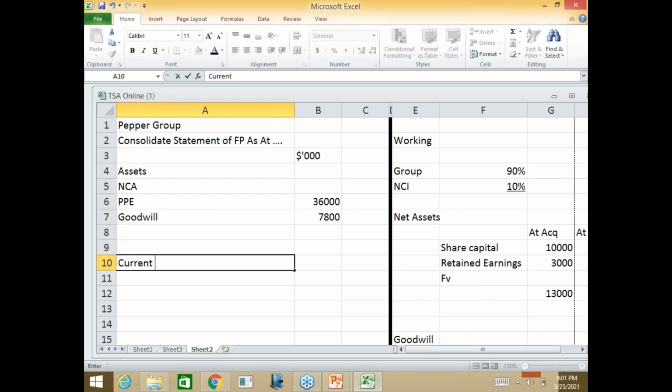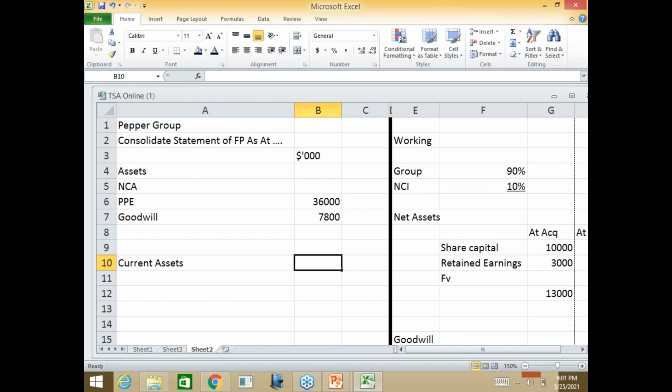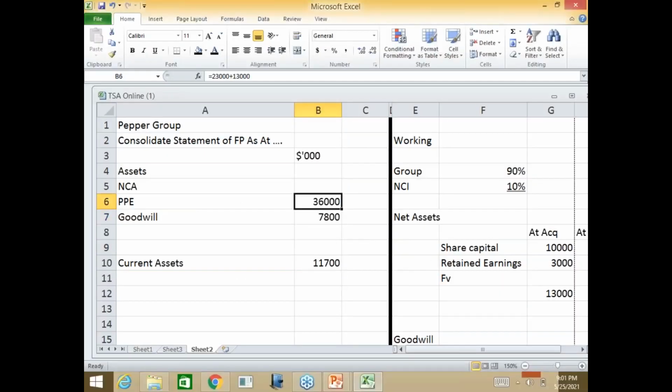Then current assets, 8,500 plus 3,200. No other adjustments. Now this is how we can calculate the total assets.